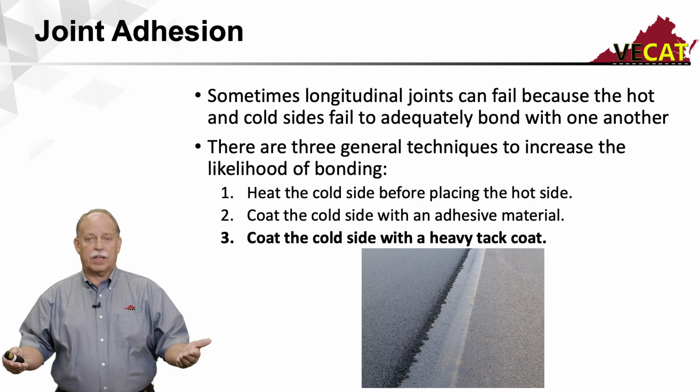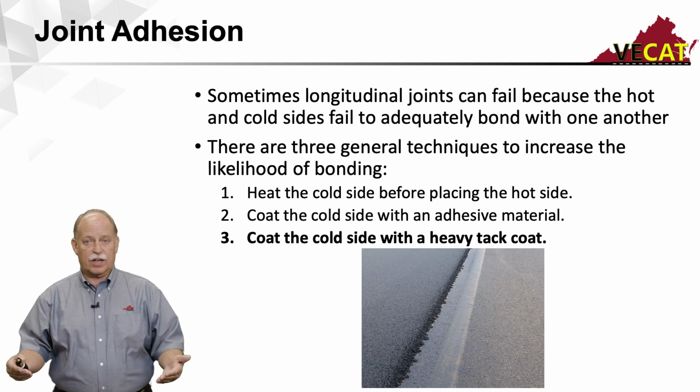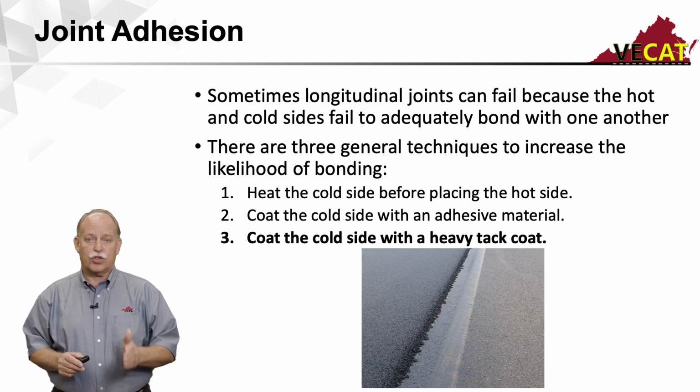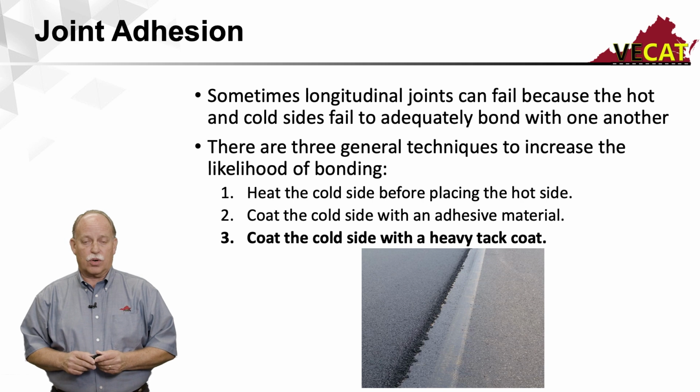But lastly, again, VDOT requires number 3, which is to coat the cold side with a heavy tack coat. The tack coat module talks about this, where we tack that joint very heavily, and there are a number of procedures that are required, but you have to ensure that you get a good tack at these joints, and that's what VDOT requires you to do in all of their construction work.